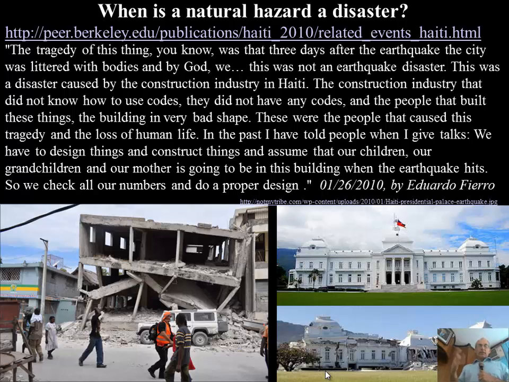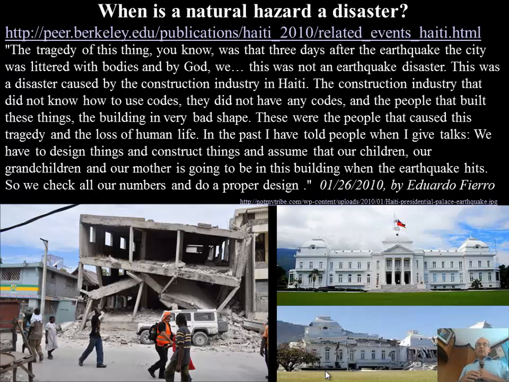He said the tragedy of this, 3 days after the earthquake, the city was littered with bodies, and by God, this was not an earthquake disaster. This was a disaster caused by the construction industry in Haiti. The construction industry did not know how to use codes. They did not have any codes. The buildings were in bad shape. These are the people that caused this tragedy and loss of human life.